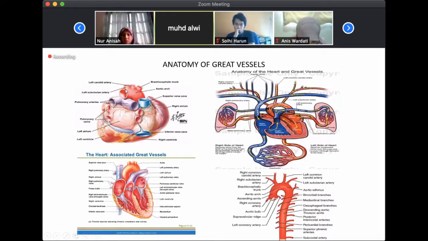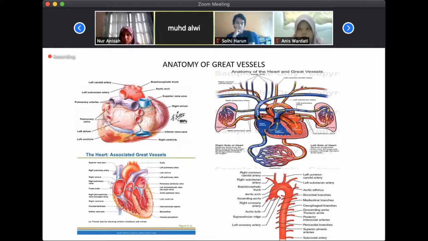Okay, so what this implies is that the arch is actually supplying the upper limb and also the head. Because it supplies the head, the brain, Allah made it wonderful that you don't have mixing. Actually, most of the cyanotic hearts don't get mixing at this area.